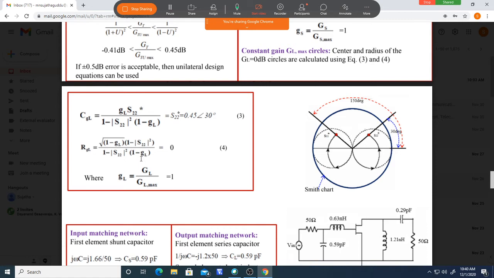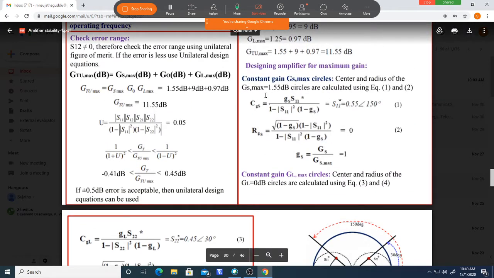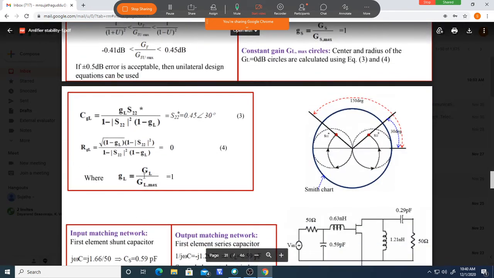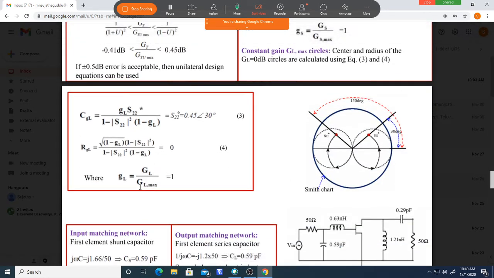Output gain. See, in the previous problem it was 0 dB, and we got a center and radius. But here, to get GL maximum, the required value itself is GL maximum. If you take it, it is 1.